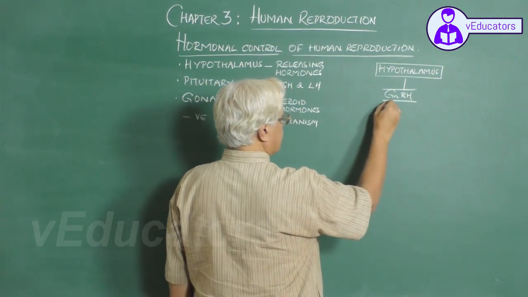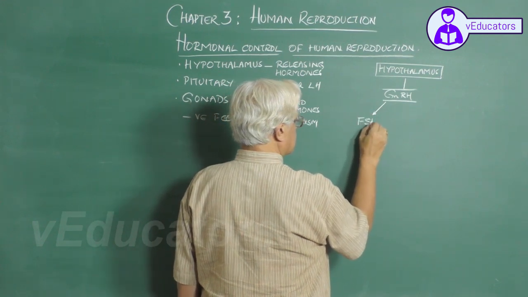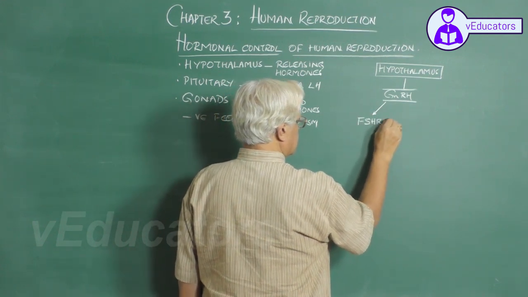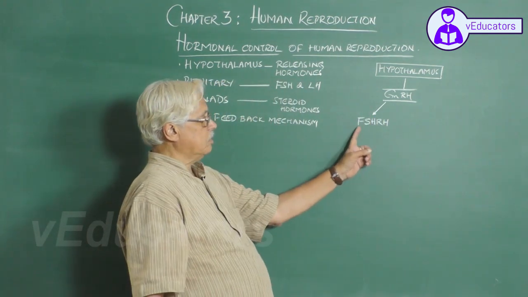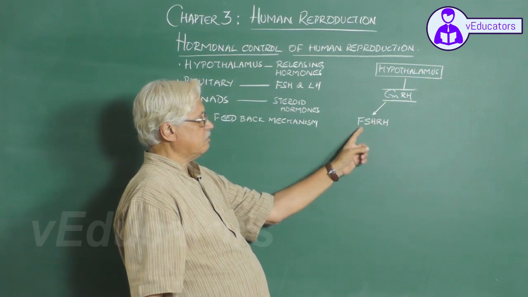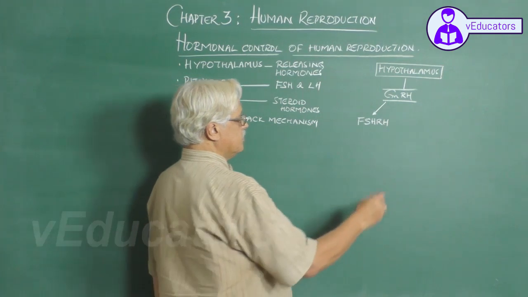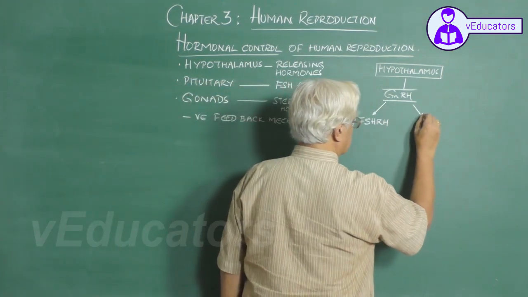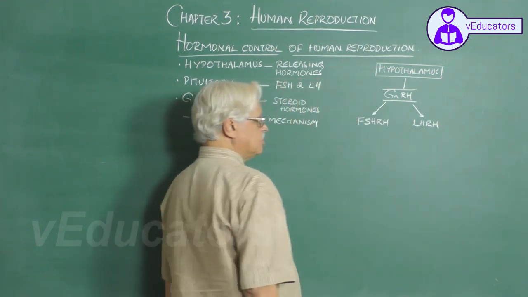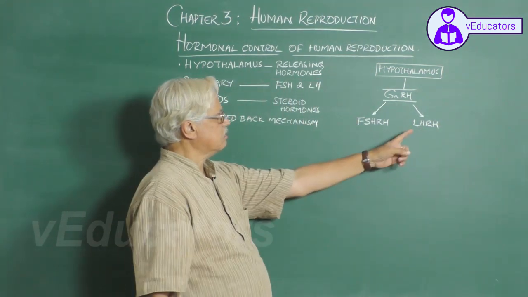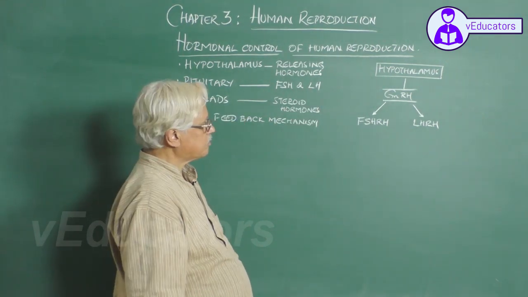There is a separate gonadotropin releasing hormone, called FSH-RH, for promoting the release of FSH from pituitary. Similarly, there is a separate releasing hormone called LHRH for promoting the release of LH from pituitary.